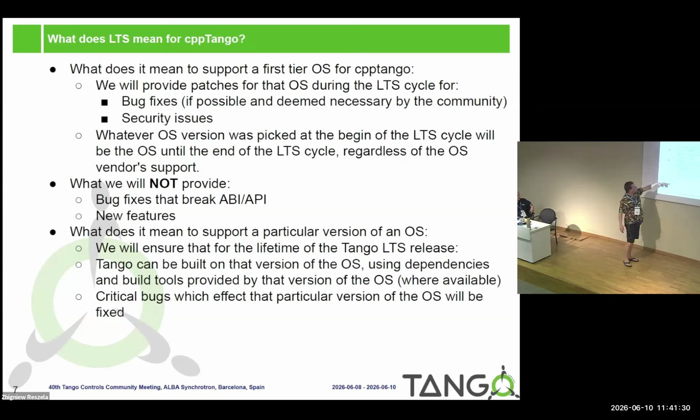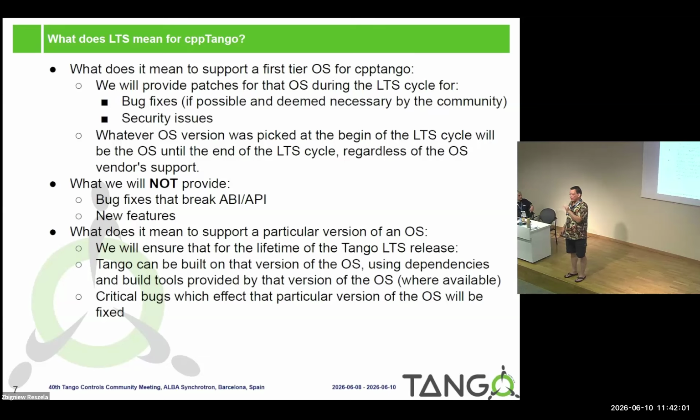So this is enclosing the, okay, for LTS, what do we actually provide? Bug fixes, yes, no, and so on and so forth. Will you receive new features for LTS? Yes, no, and so on and so forth. So most importantly, what an LTS means for you as facilities is we will never put bug fixes in the LTS releases that break ABI or API.